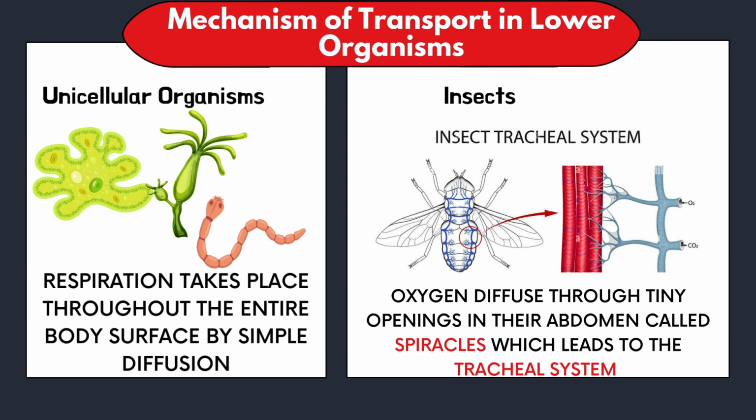The spiracles lead into certain tubes called trachea. This trachea further divides into smaller tubes called tracheoles, and these tiny tubes get into the tissues and cells through the body fluid.